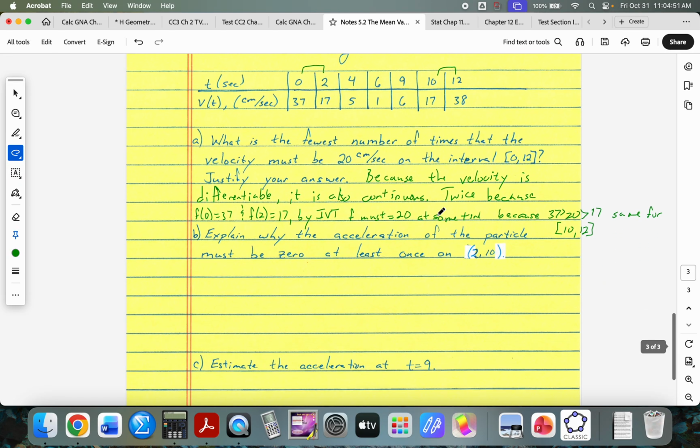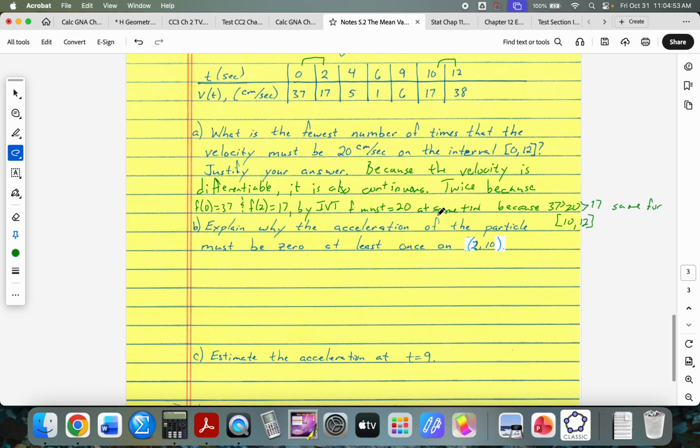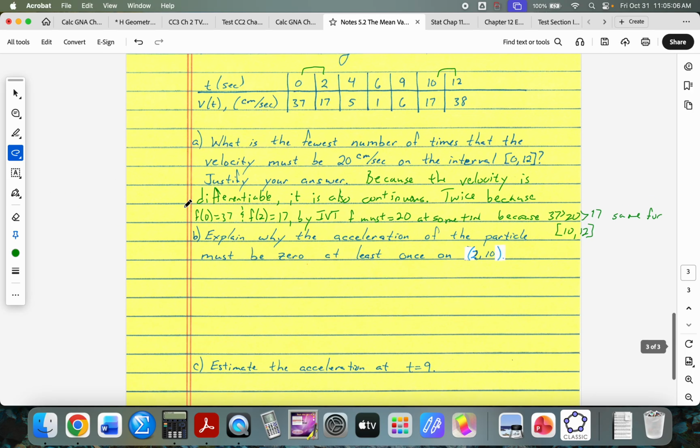And then it says, explain why the acceleration of the particle must be 0 at least once on the open interval from 2 to 10. Okay, so I'm not looking at the whole interval now. I'm just looking from 2 to 10.